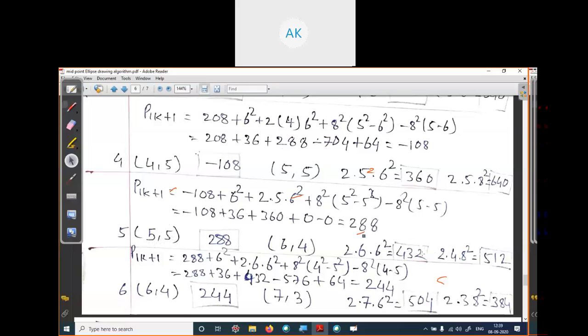Then check our condition, which is 434, and here 512. Again it is less than this value, means you are still in region 1. Calculate the next coordinate in region 1.